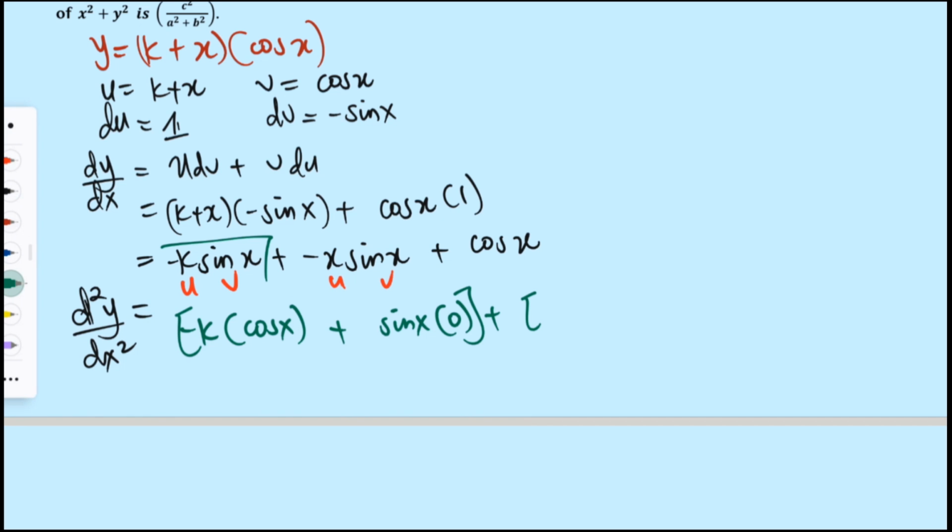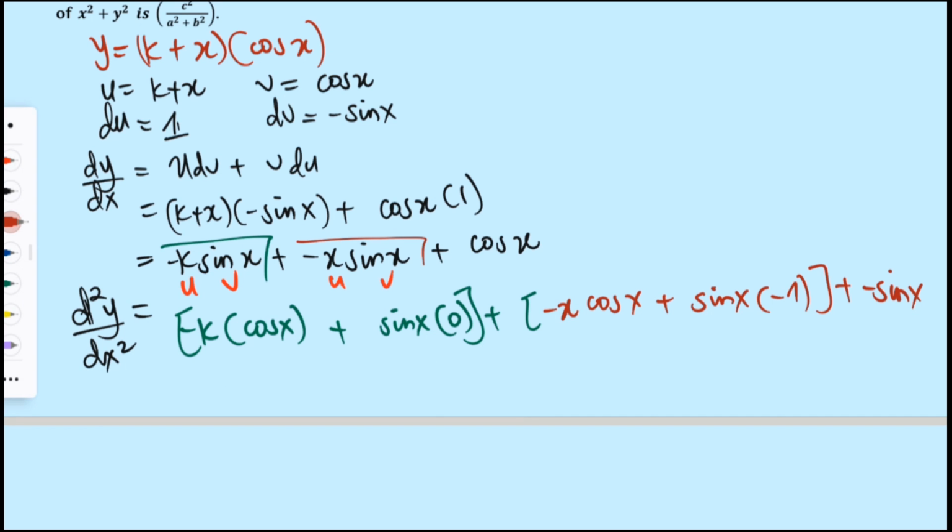So let's separate these with parentheses. Our next term which we're differentiating is this one. u is negative x, dv is cos x, plus v, which is sine x, du, which is negative 1. Then finally, the derivative of cos x is negative sine of x.